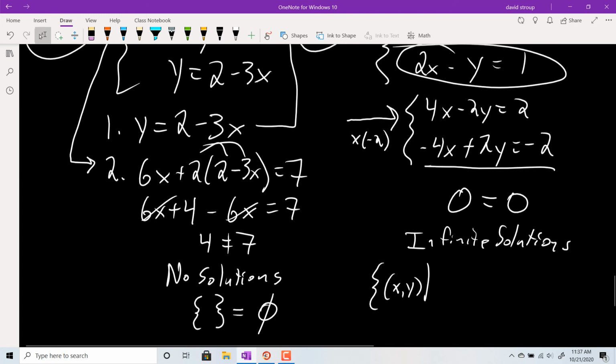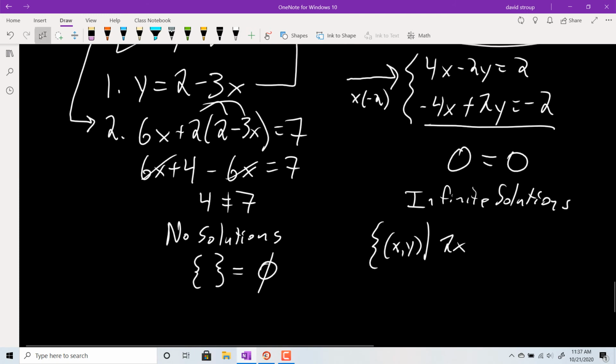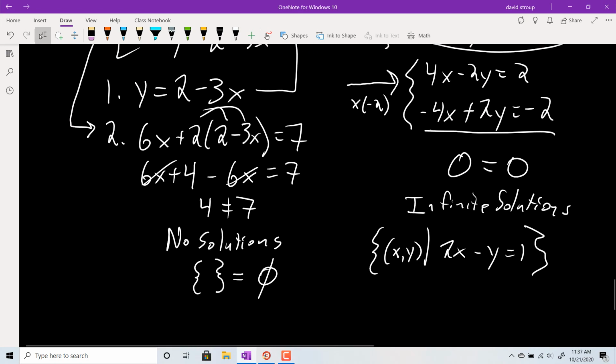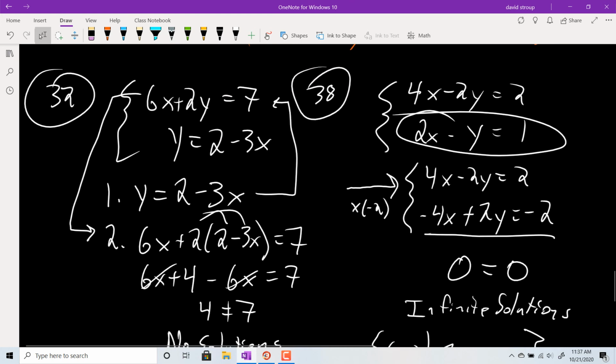Let's just pick 2x minus y equals 1. Okay. And what that says is this: the solution set is a set of all coordinates x comma y such that 2x minus y equals 1. And that just basically means it's all of the coordinates on that one line. Okay. So if you graph both of these, all you would get is one line. They're the same line.